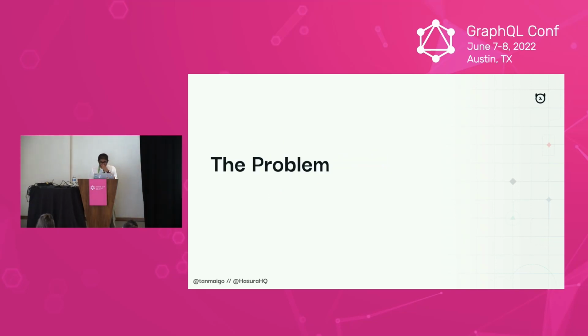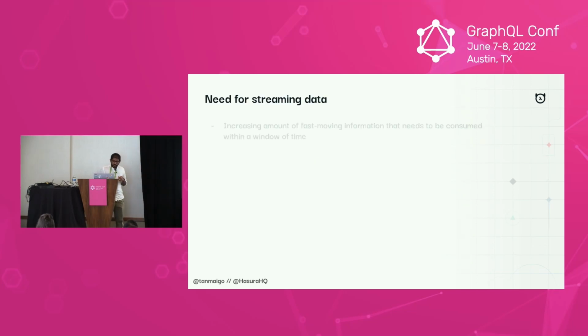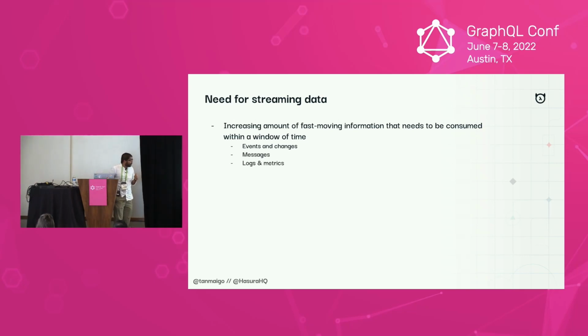So just to motivate the problem a little bit, there's two broadish use cases. The first is that there's an increasing amount of information that's moving quite rapidly that needs to be consumed within a window of time. This is your typical events and changes, stock ticker type things, messages, logs and metrics data that needs to be consumed.